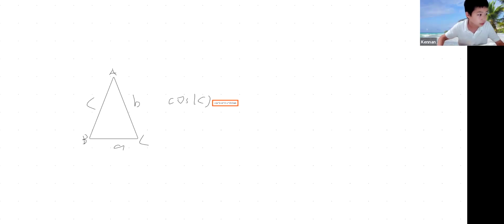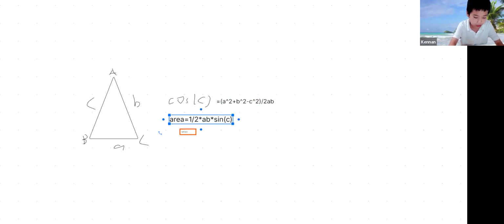We also know the area equals 1/2 times ab times sine C. We also know by the Pythagorean identity that sine C is equal to the square root of 1 minus cosine C squared.